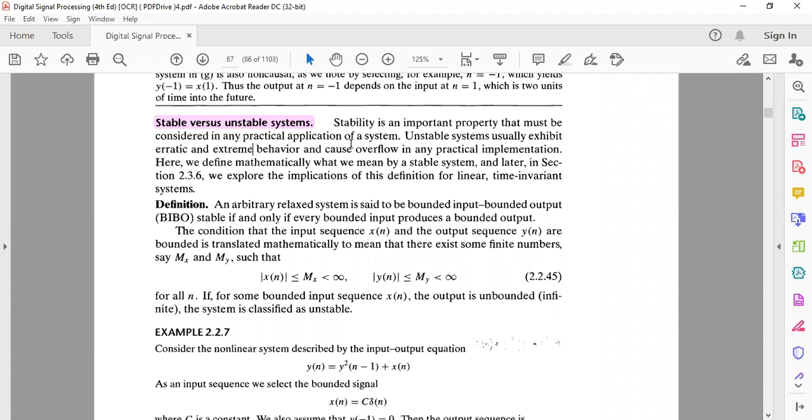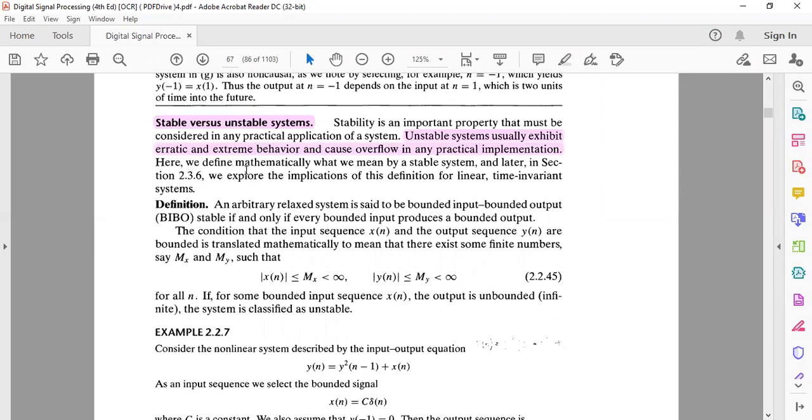Unstable systems usually exhibit erratic and extreme behavior and cause overflow in any practical implementation. So they are not desirable. We don't desire to have unstable systems.